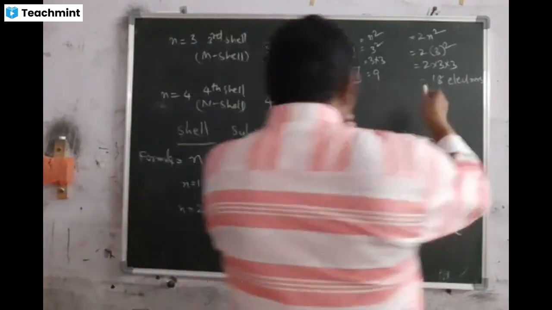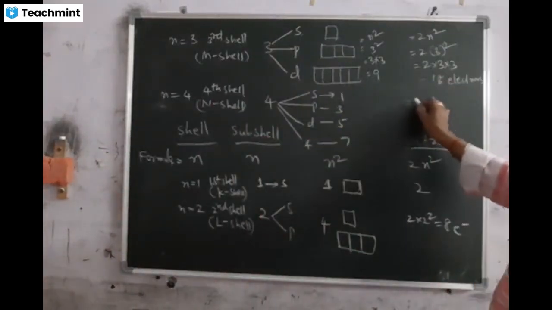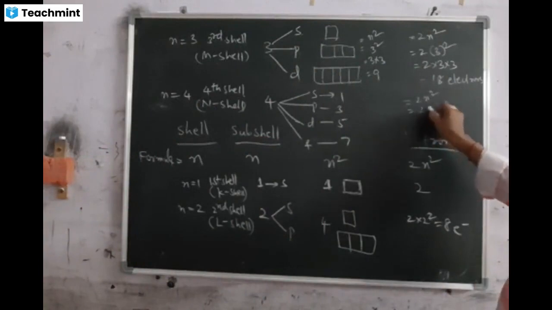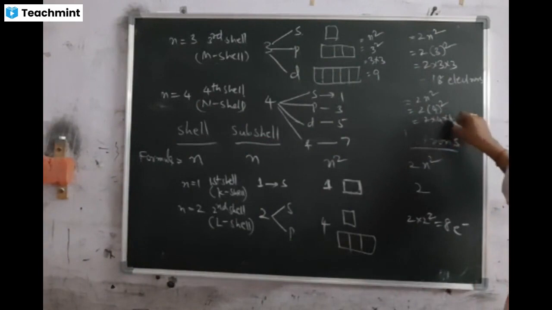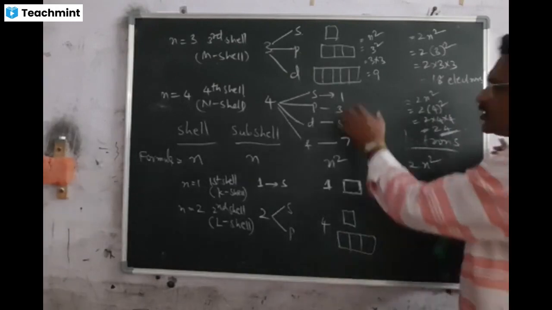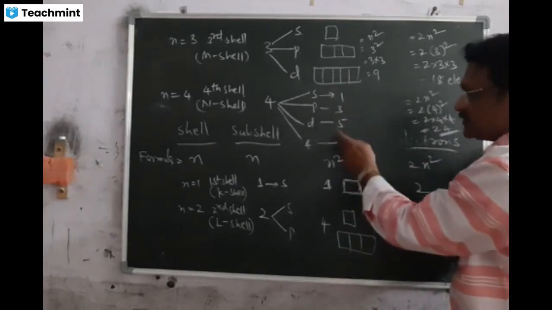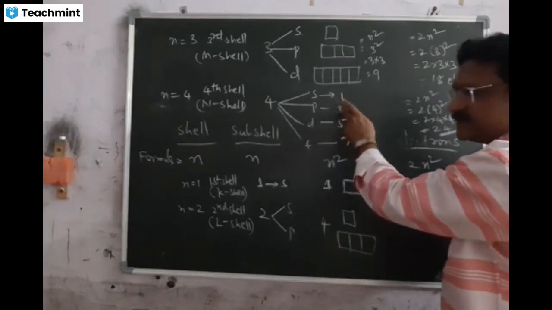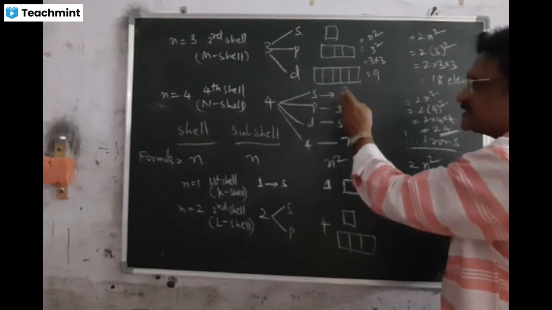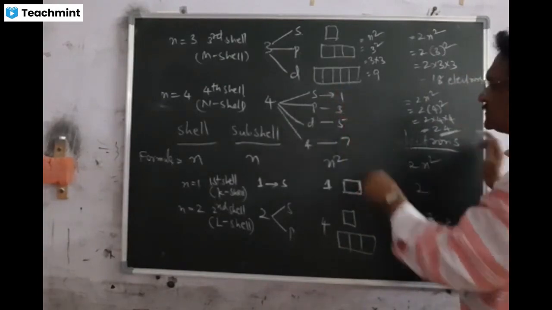Okay. How many total electrons? What is the formula we are using here? 2n square. 2 into 4 square, that is equal to 2 into 4 into 4. 4 2s are 8, 4 8s are 32 electrons. You can count how many orbitals here: 7 plus 5 is 12, plus 3 is 15, plus 1 is 16.